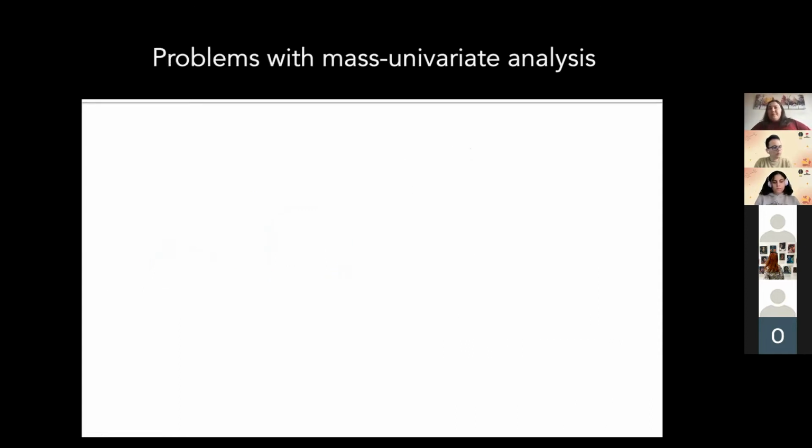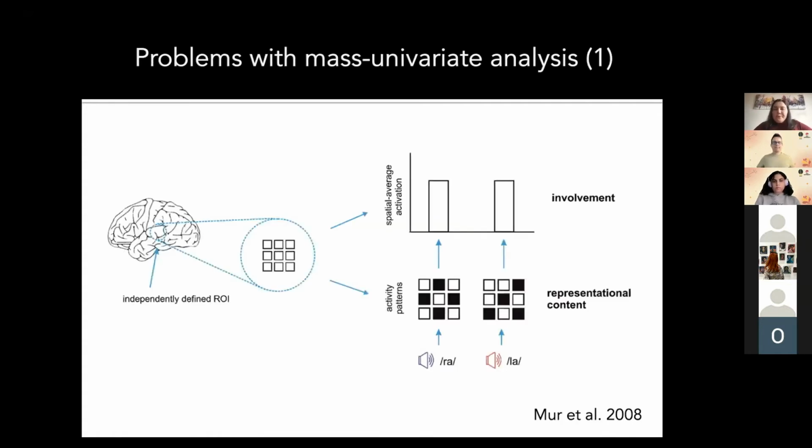But there are some problems with this mass univariate analysis that actually lead us to come up with some important machine learning techniques to be applied on cognitive neuroscience data. So what are these problems? The first problem arises when you define a region of interest.